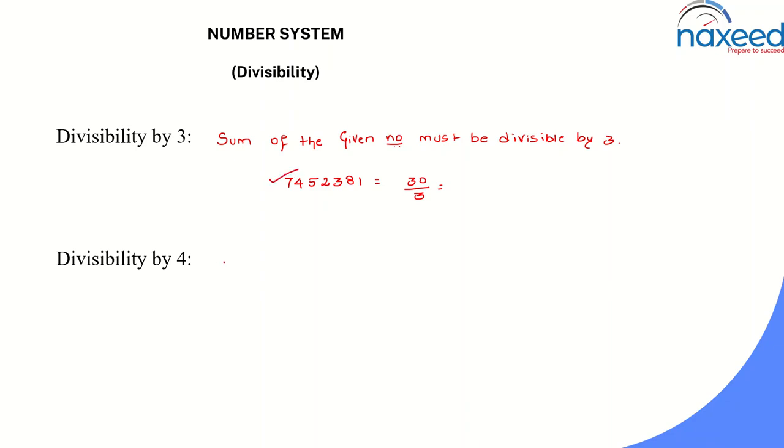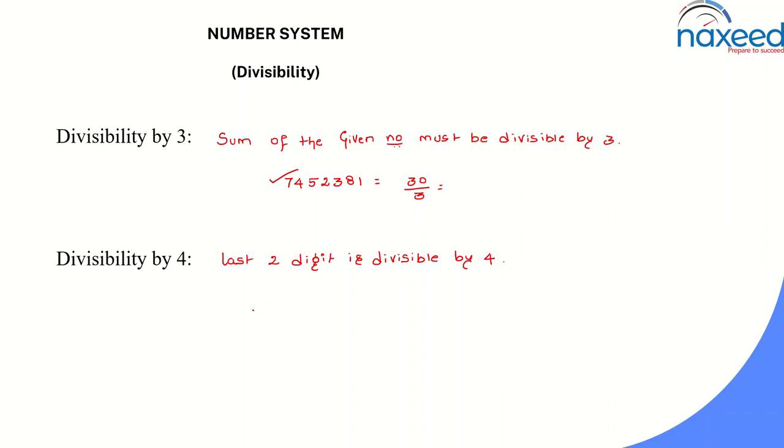Next, divisibility by 4. For divisibility by 4, take the last two digits, which must be divisible by 4. Last two digits you just take and check whether it is divisible by 4 or not.